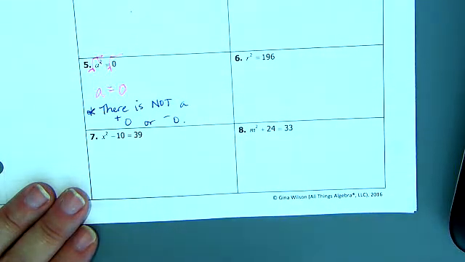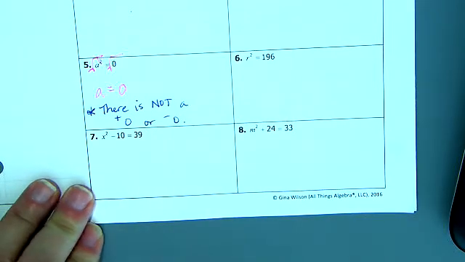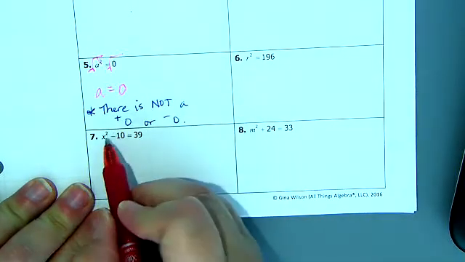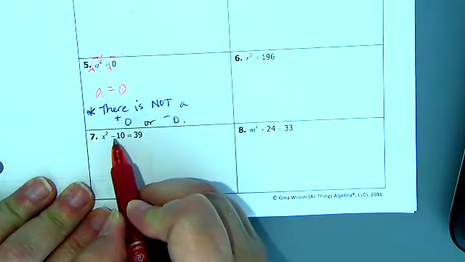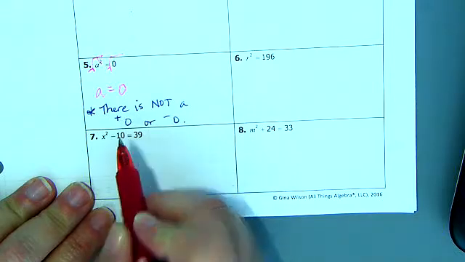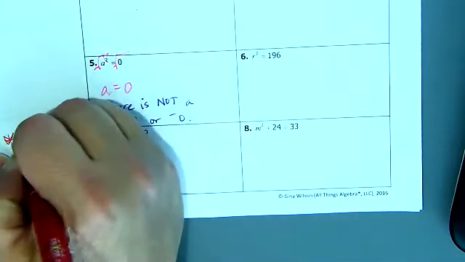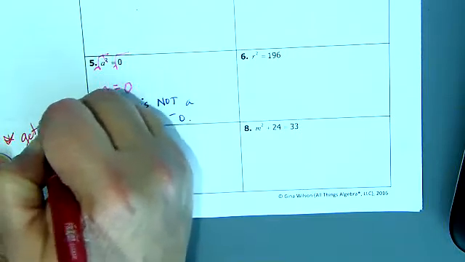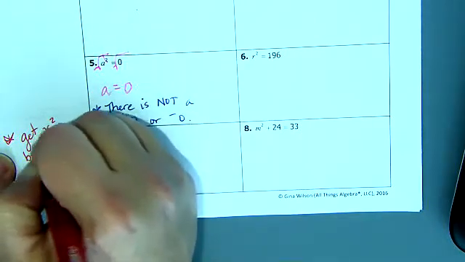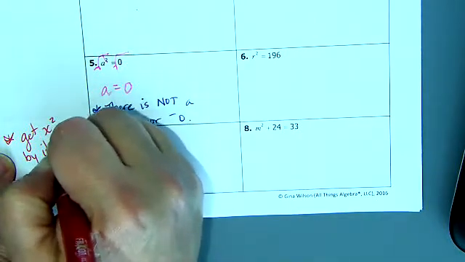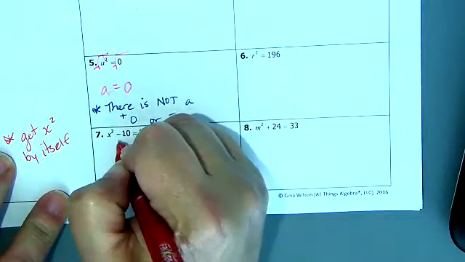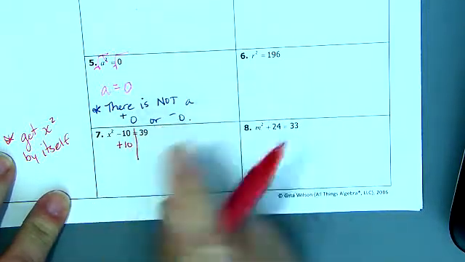number 7. We're starting adding more to this. Okay, I've got the x squared, but I also have this minus 10 on here. I've got to get the x squared by itself. Okay, remember the first thing you do is get x squared by itself. So I'm going to add 10, draw my equation wall, just like we've been doing.